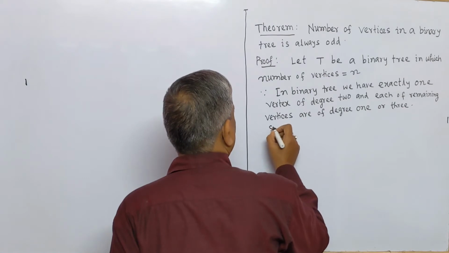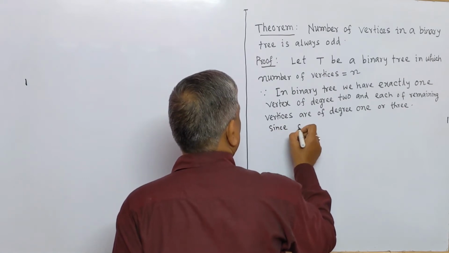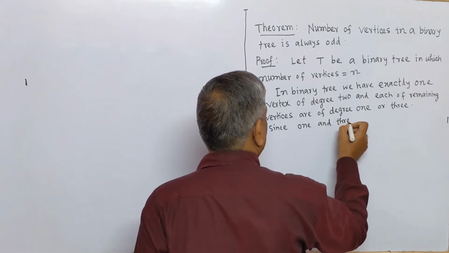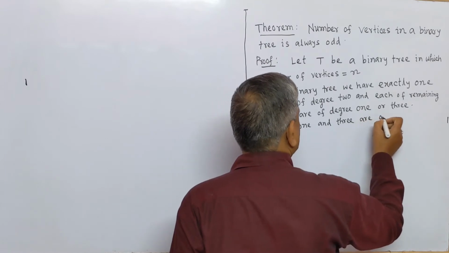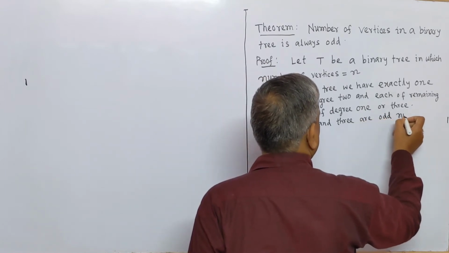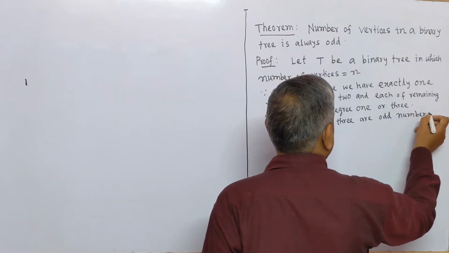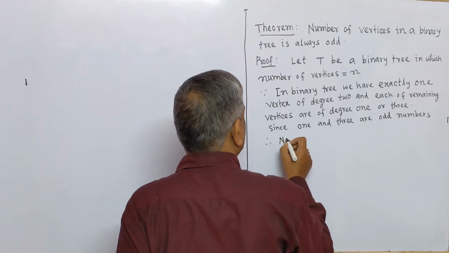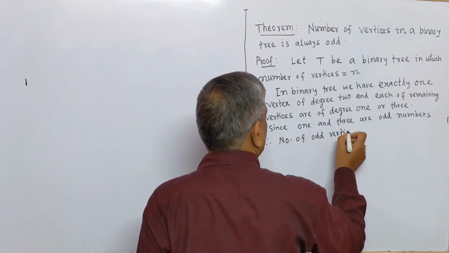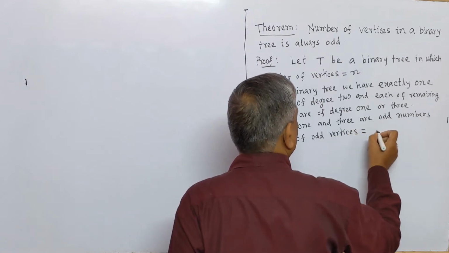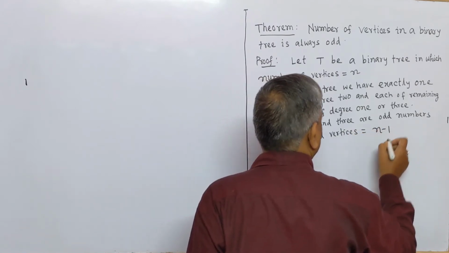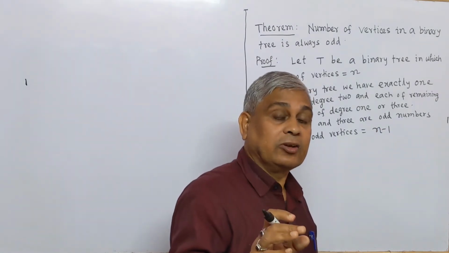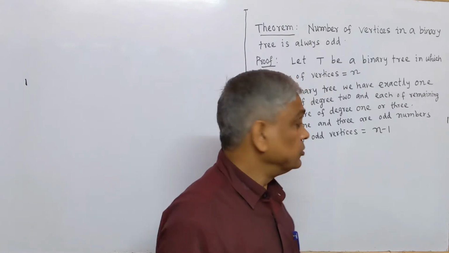Since 1 and 3 are odd numbers, therefore the number of odd vertices is equal to n minus 1. One is the even vertex, that is, of degree 2.